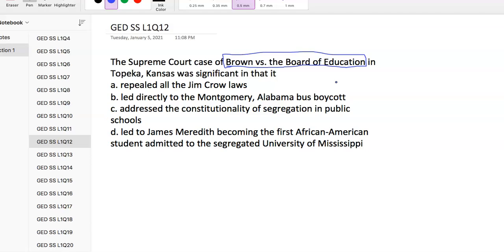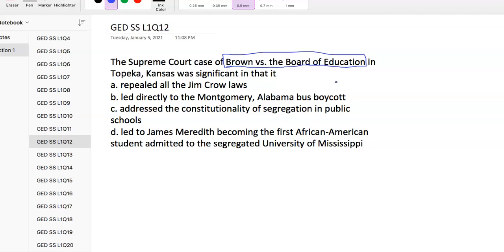Okay, so we want to know that with the Supreme Court, the case of Brown versus Board of Education was a landmark case that addressed the constitutionality of segregation in public schools. Within quotes here, separate but equal education was determined to be unconstitutional.